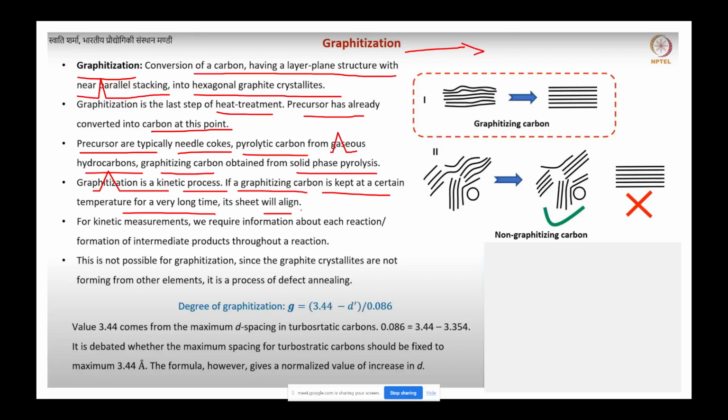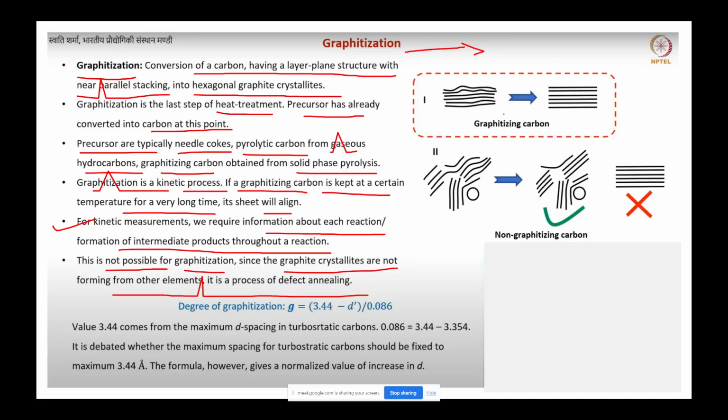For kinetic measurement, we require information about each reaction, the formation of intermediate products throughout a reaction. This is not possible for graphitization since the graphitic crystallites are not forming from another crystal. It is a process of defect annealing.